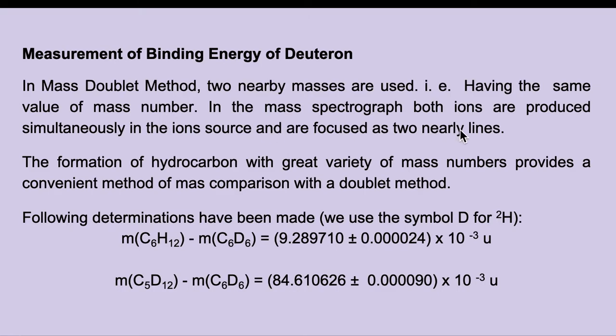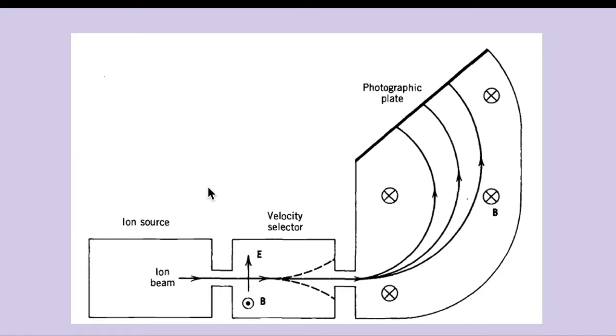In the mass spectrograph, both ions are produced simultaneously in the ion source and are focused as two nearby lines. After this discussion, we can just see the structure of a mass spectrograph. So, this is a mass spectrograph, and here you will be producing some type of ions from the source, and they pass through an area.